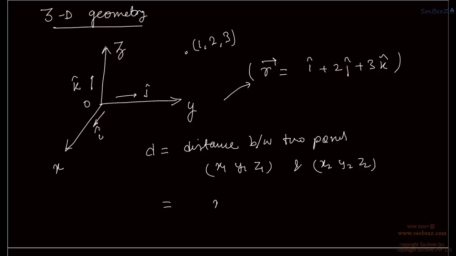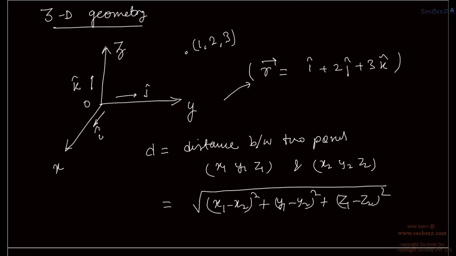So d is given by x1 minus x2 square plus y1 minus y2 square plus z1 minus z2 square under root. Okay, or if we have position vectors r1 for the first point and r2 for the second point, then we have distance as r1 minus r2 vector and modulus of this vector, right?